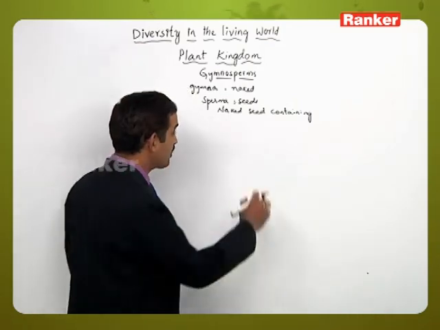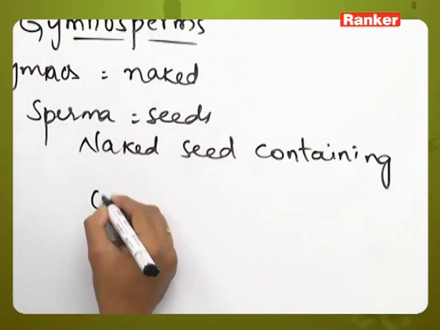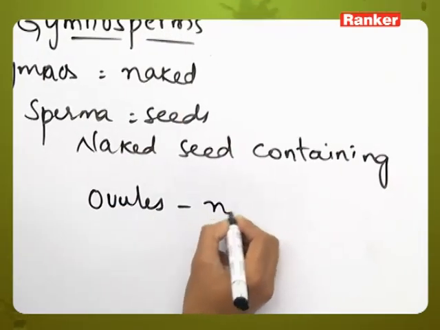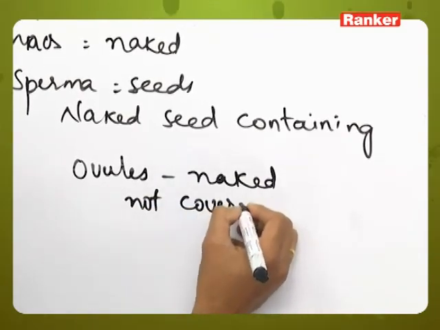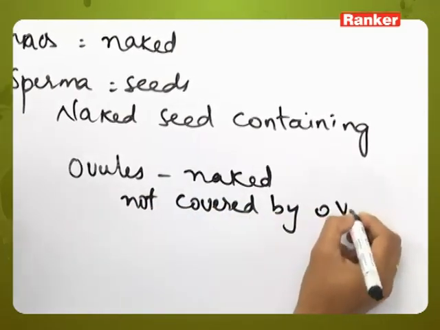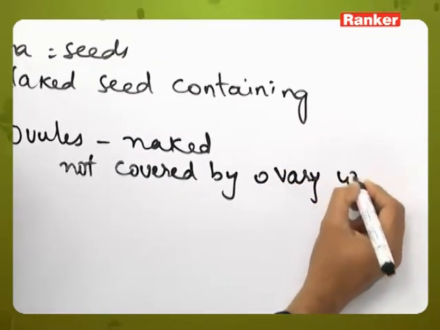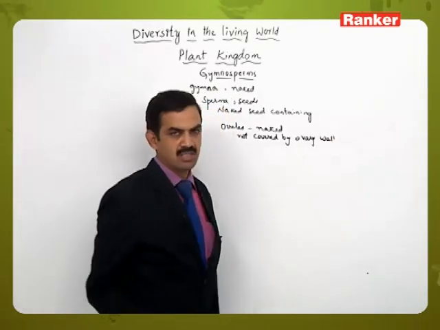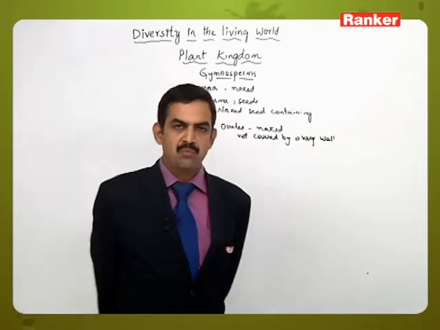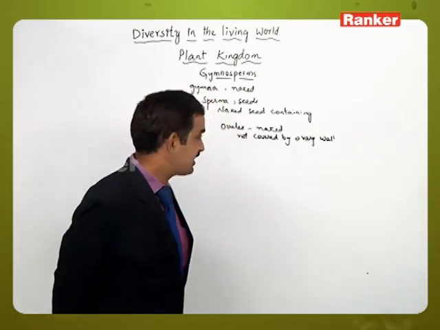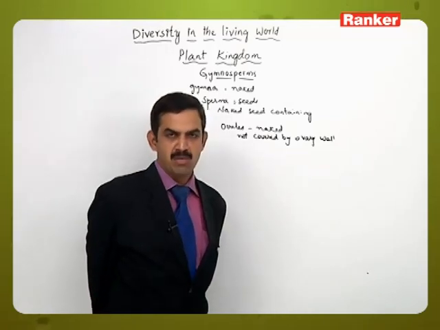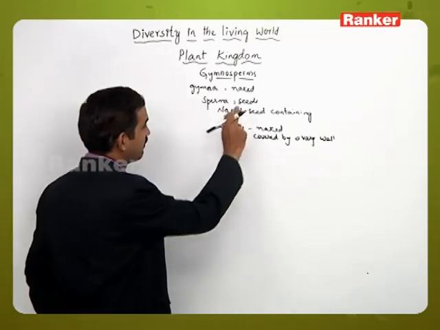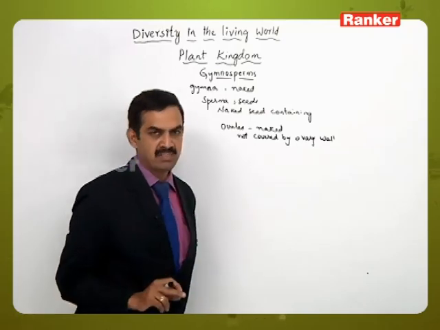Why not? Because the ovules are naked and not covered by an ovary wall, that is, the ovary is absent in the members of gymnosperms. So that is the reason why the fruit wall is not formed in them. This is a characteristic feature by which the gymnosperms derived their name.